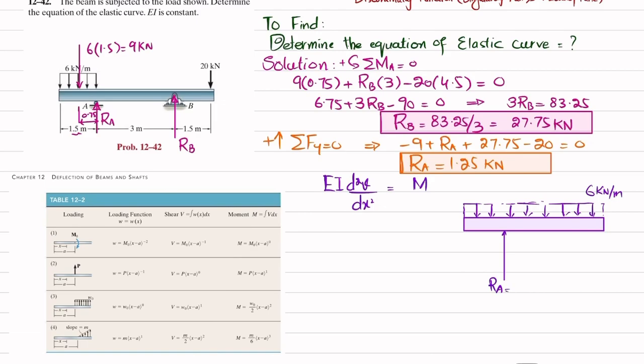So RA is 1.25 kilonewton, and here you have RB, which is 27.75 kilonewton. And in order to cancel the effect, what we will do is that we will add the same distributed load over this length in upward direction.